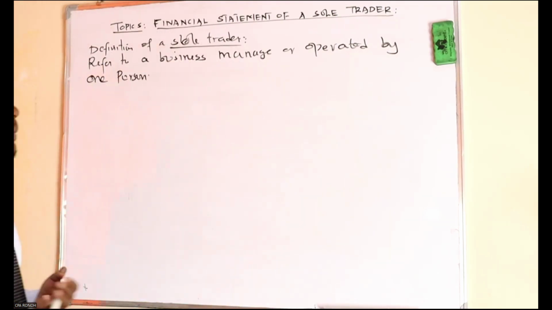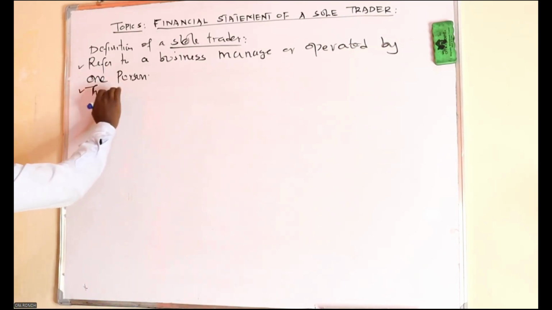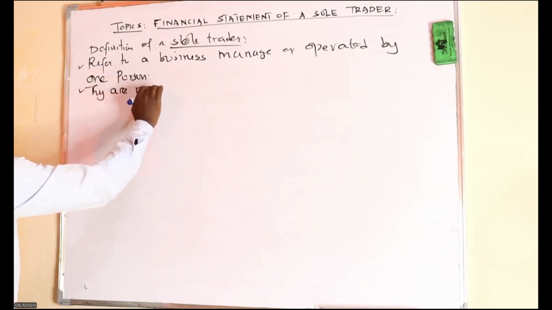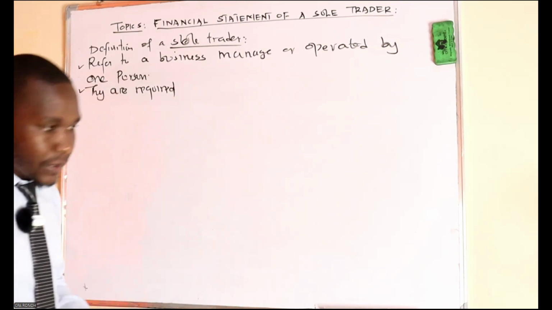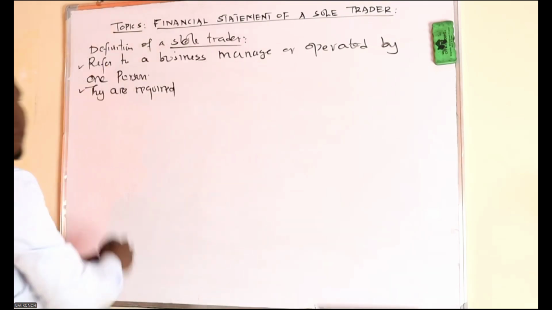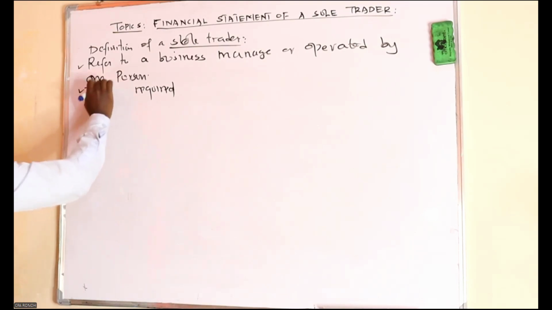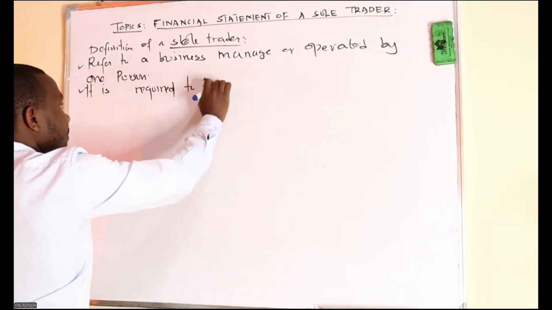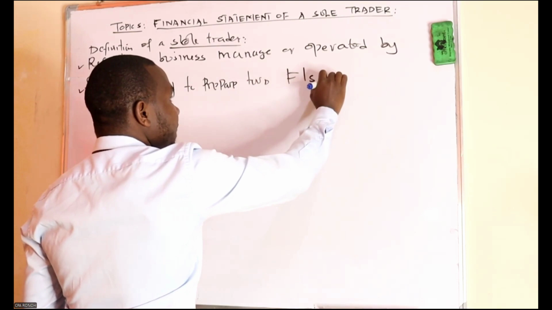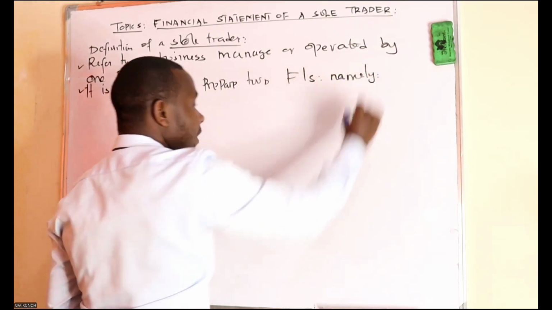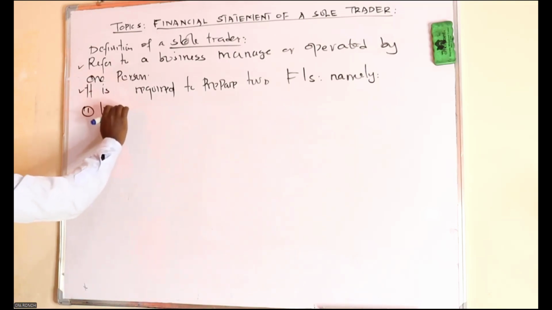So they are required to prepare two financial statements. Say it is required, we can choose that one because we are referring to a sole trader. It is required to prepare two financial statements, namely number one, income statement.